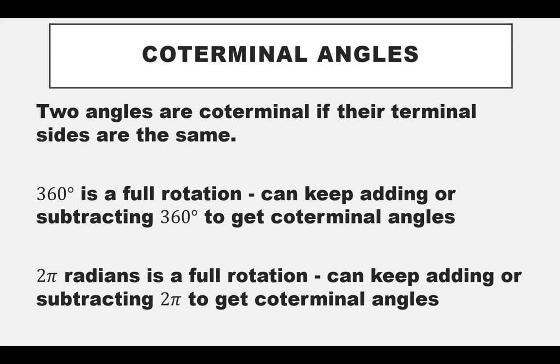For this reason, in a lot of scenarios, we may assume that our angles are all between 0 and 2 pi in radian measurement, or that all of our angles are between 0 and 360 in degree measurement.